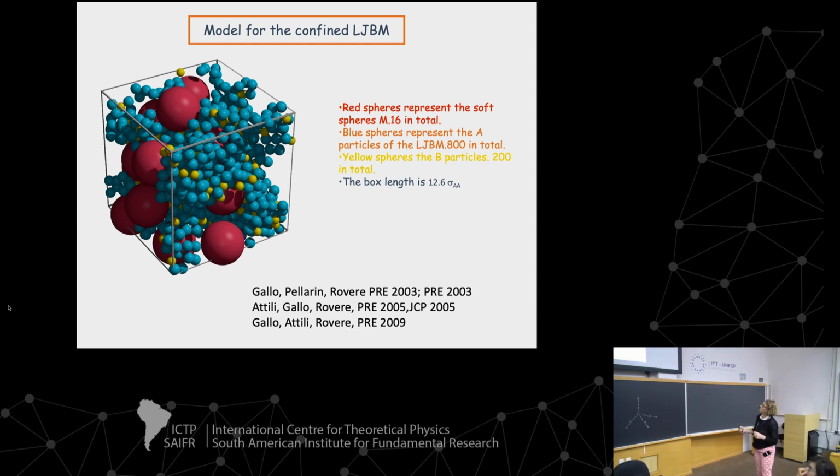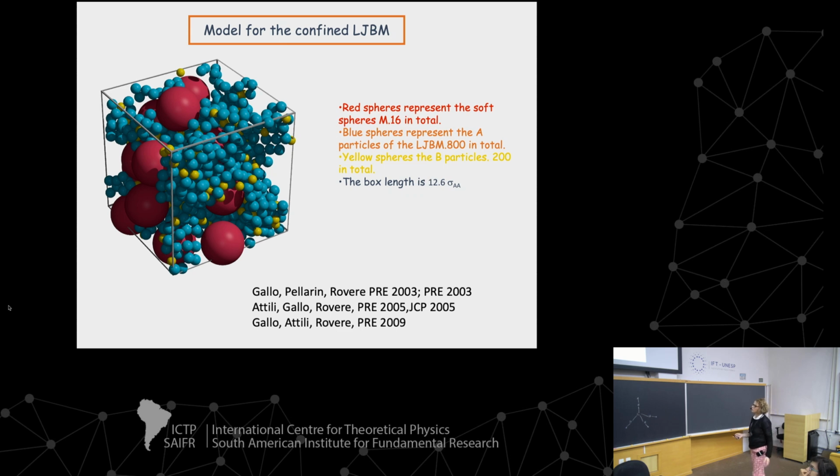Remember that the ratio between A and B is 800 A and 200 B for the Kob-Andersen Lennard-Jones binary mixture. We published the results in a set of papers back in the days, two in 2003, two in 2005, and a last one in 2009.